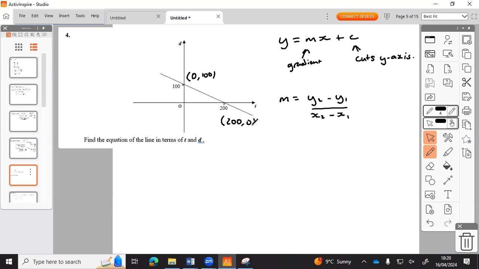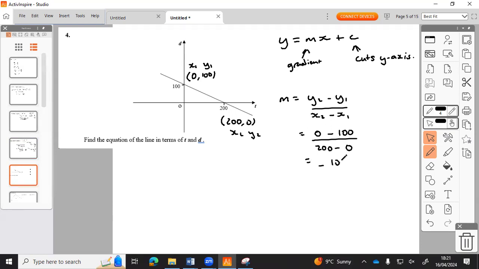If we make the first point x1, y1 and the second point x2, y2, it's a case of substituting that into the formula. y2 is 0, y1 is 100, x2 is 200, x1 is 0.